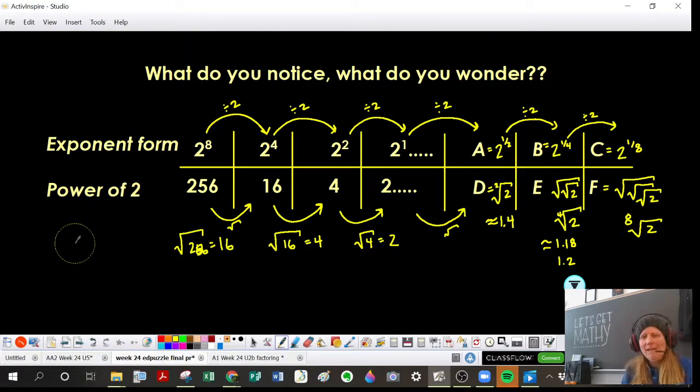So what we're looking at here is how do we write in equivalent expressions a radical expression and exponential expression. So what we have seen here is that 2 to the 1/8 equals the 8th root of 2. These are equivalent expressions.